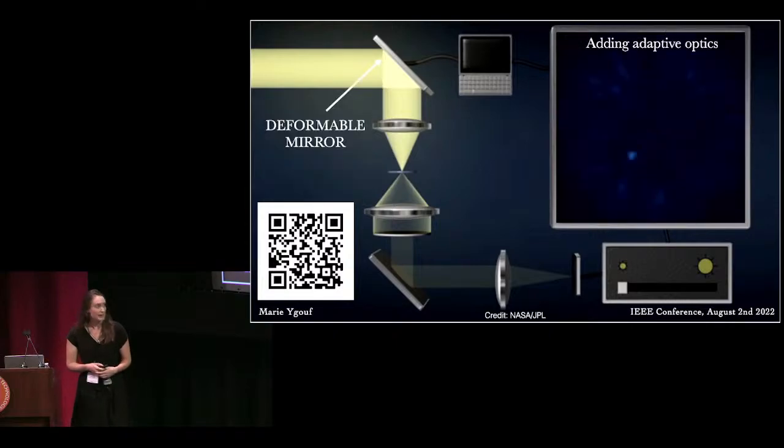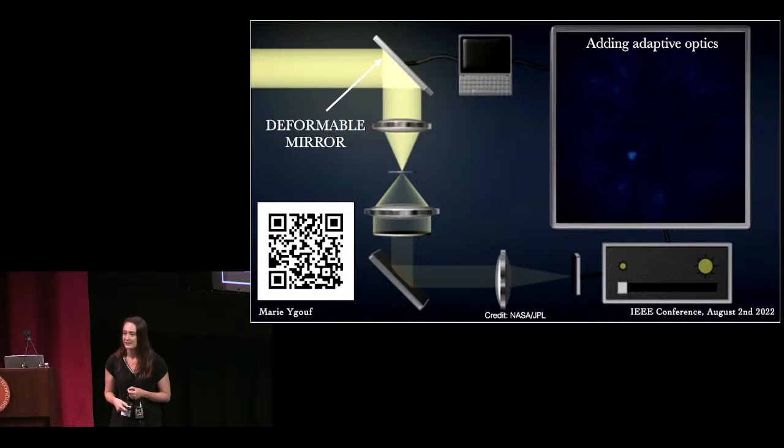So the hardware is based on the principle of adaptive optics. And adaptive optics is a technique that has been developed mostly for ground-based telescopes to tackle the issue of atmospheric turbulence that was limiting the resolution of big, giant ground-based telescopes. And the principle is pretty simple: you have a reference sensor that probes the atmospheric turbulence, and you have a deformable mirror that is used to correct that turbulence in real time.